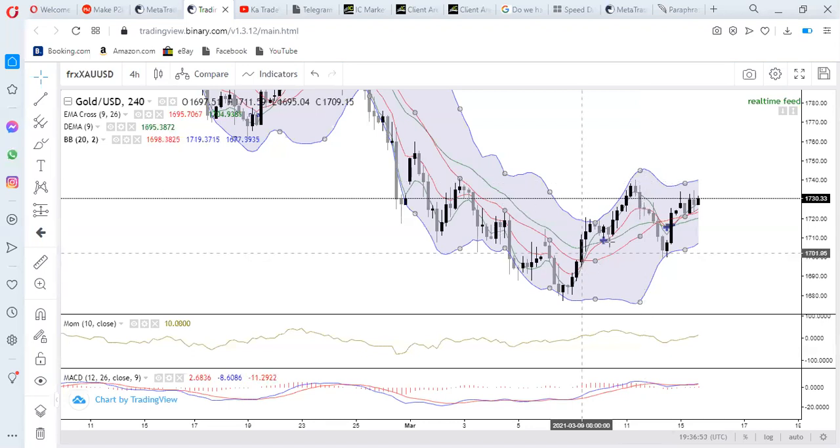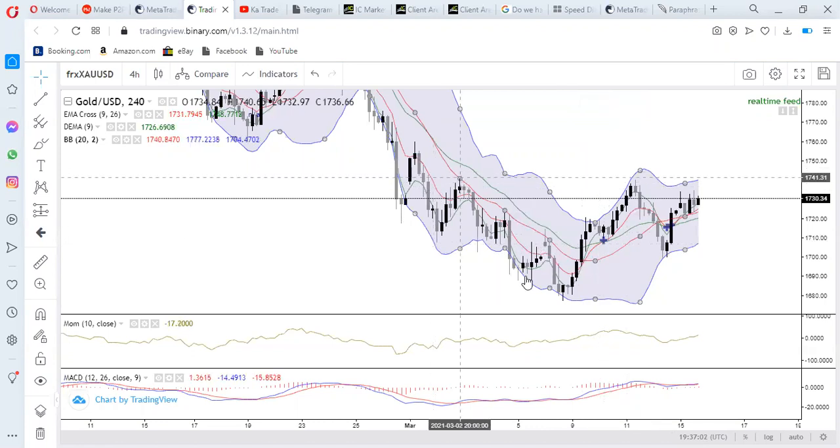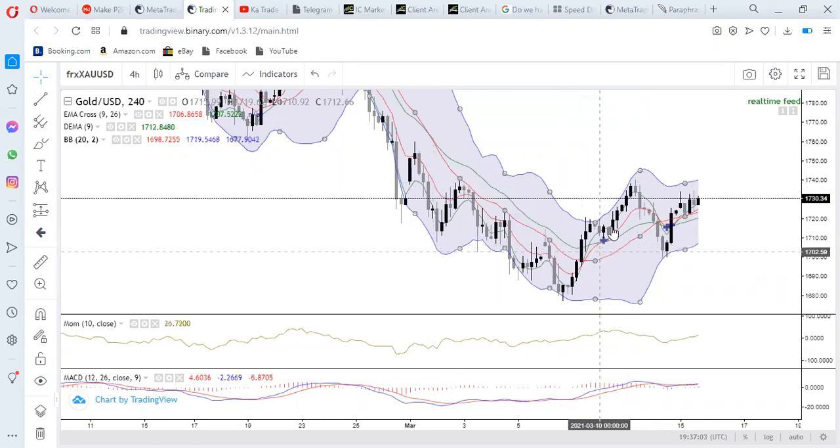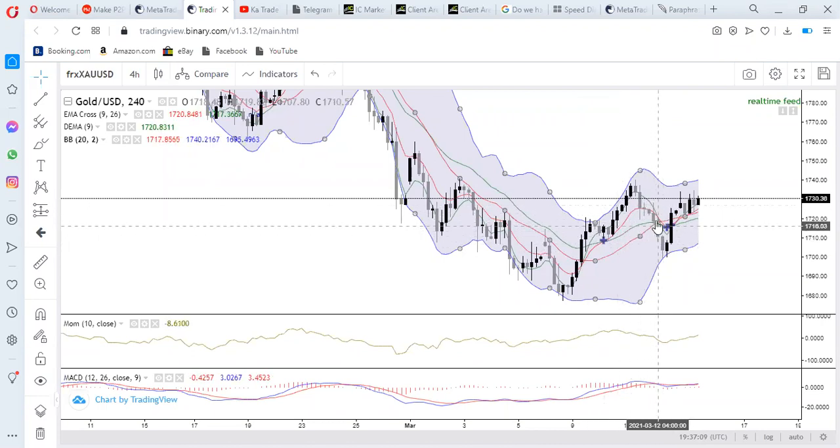And we can also see that we have the moving average cross here. The psychology behind the cross is that if you want to sell, you want to see that the red moving average has crossed the green one before you start looking for selling opportunities.